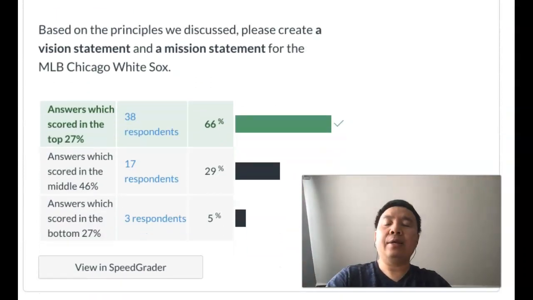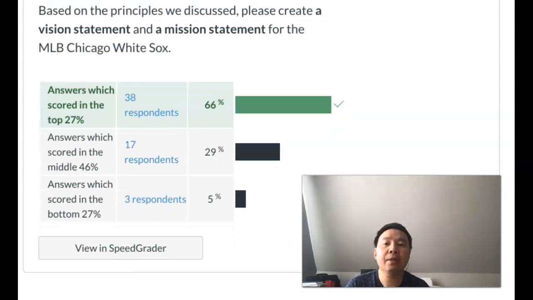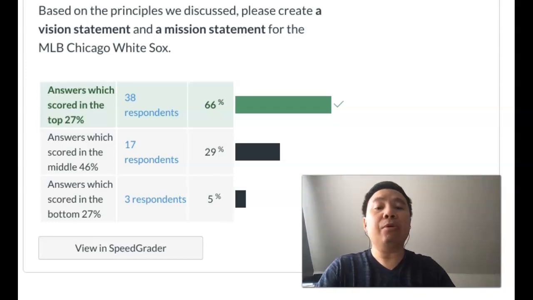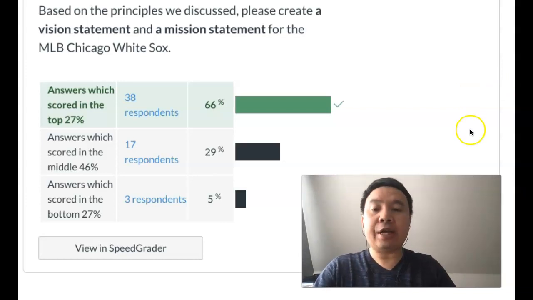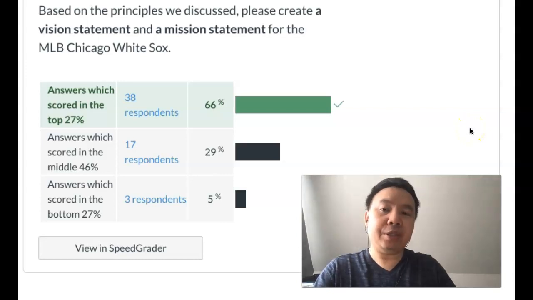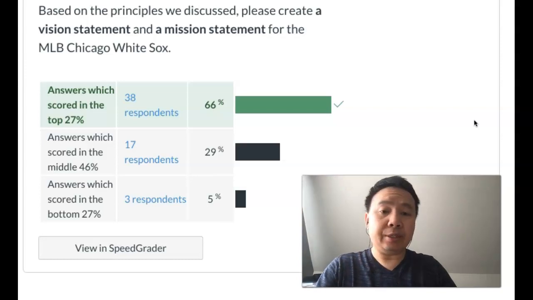Question 7. Based on the principles we discussed, please create a vision statement and mission statement for the MLB Chicago White Sox. For this question, I think most of the students understand how to create a vision statement and mission statement. Still, I want to emphasize that a vision statement normally uses 1 sentence. Create a vision statement of 1 to 2 sentences, not more than 2.